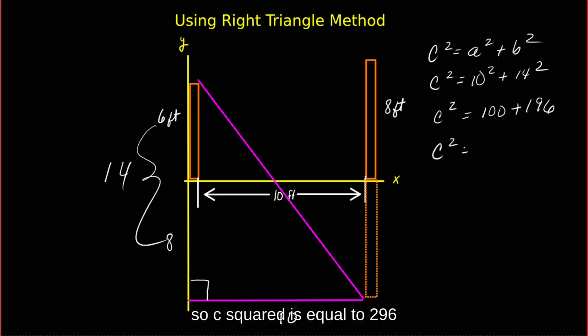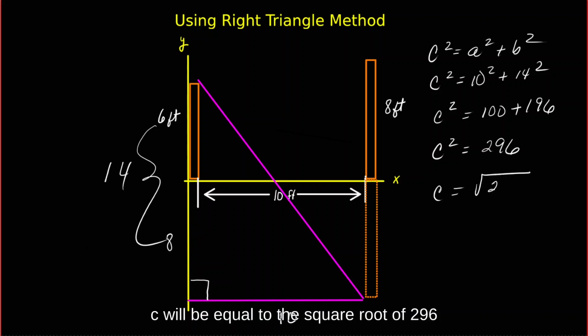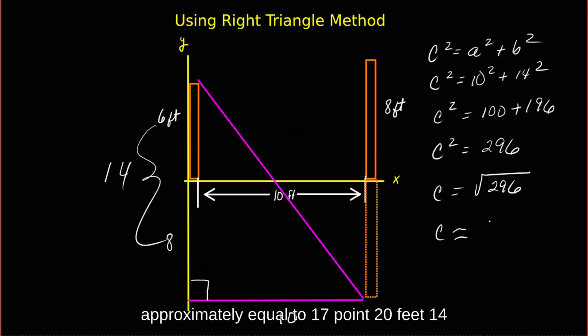So c squared is equal to 296, and c will be the square root of 296. Again, c is approximately equal to 17.20 feet.